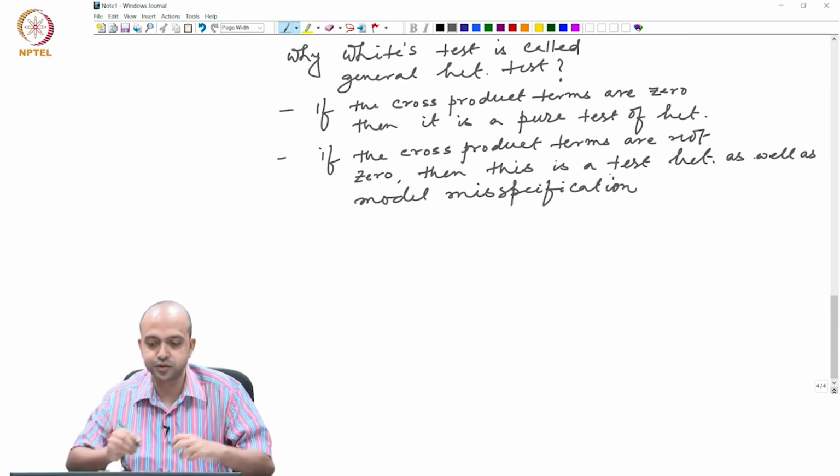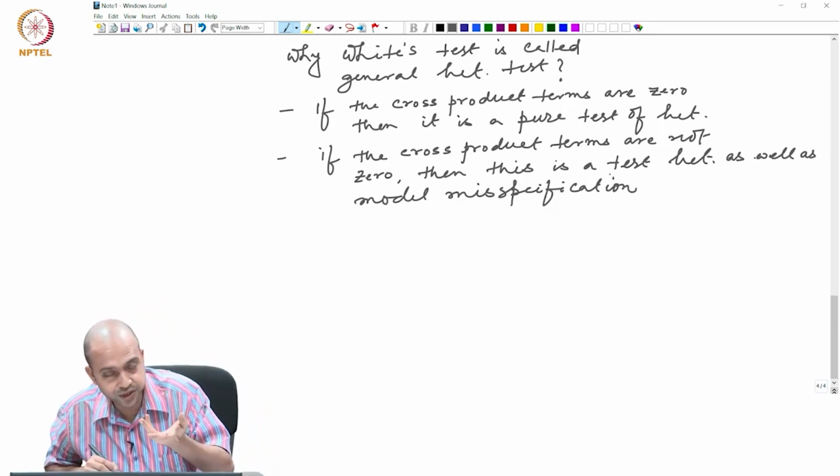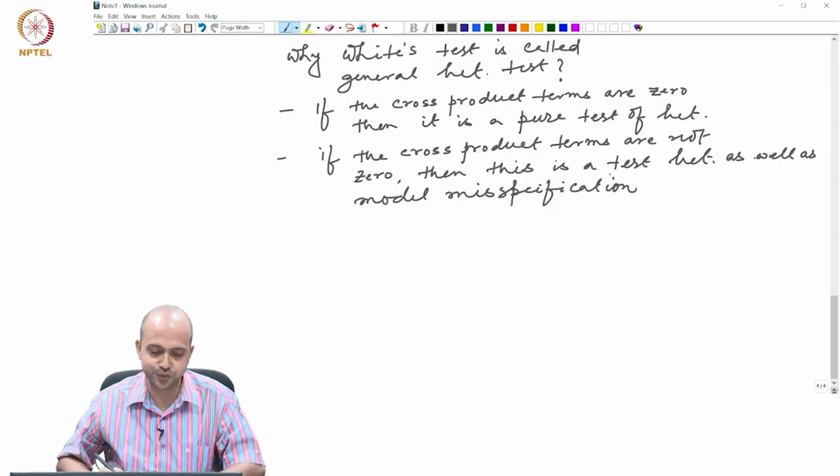That is why it is called a general test, because you are testing heteroscedasticity as well as model misspecification.